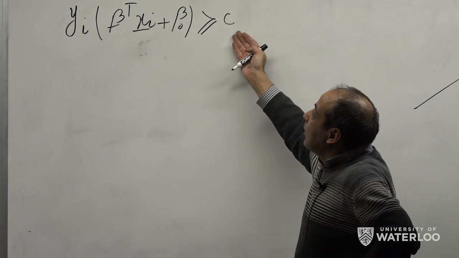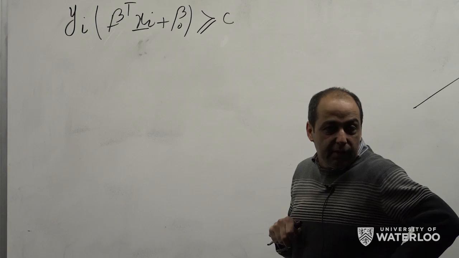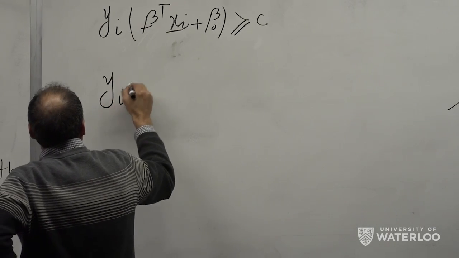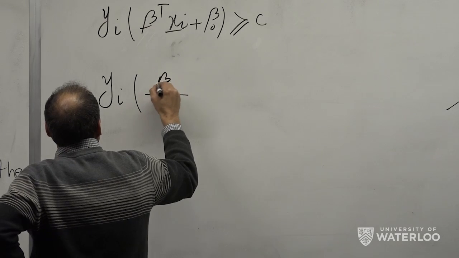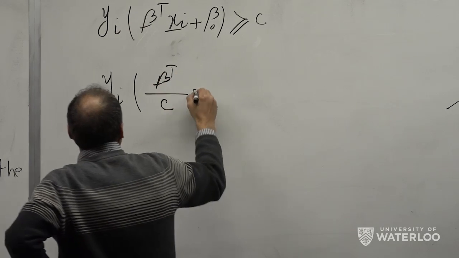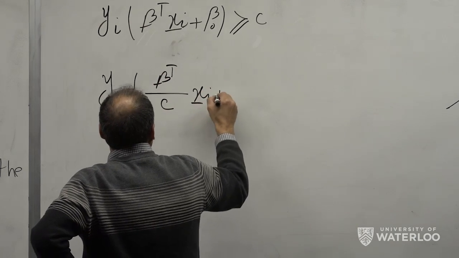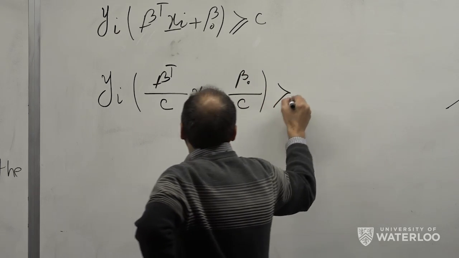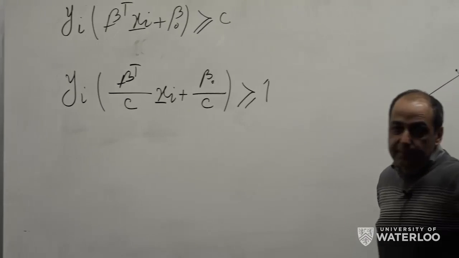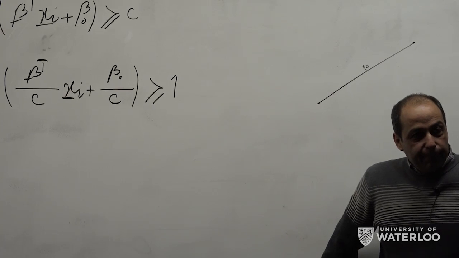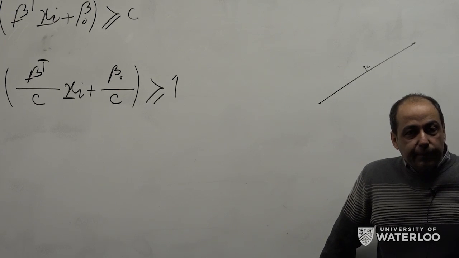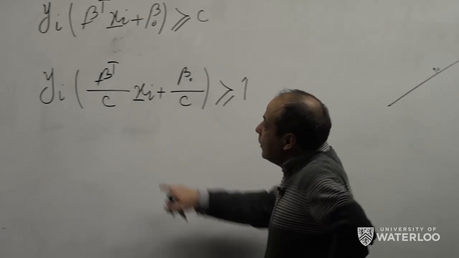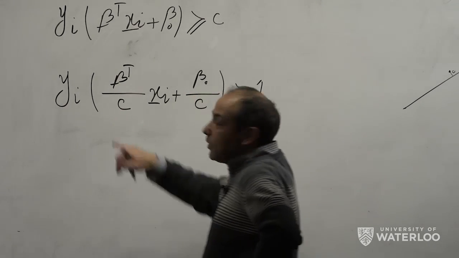Okay, now let me divide both sides by c. So yi times beta transpose over c xi plus beta null over c is greater than or equal to 1. What's the effect of dividing beta by c?